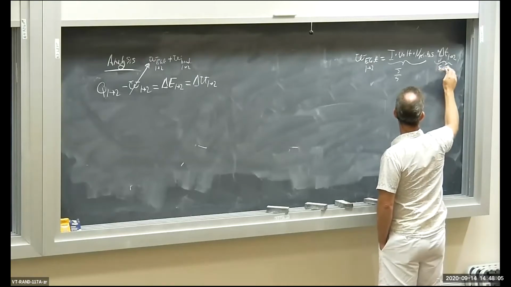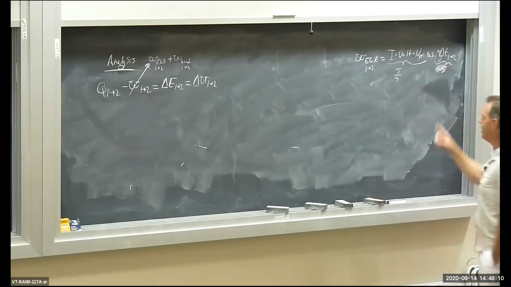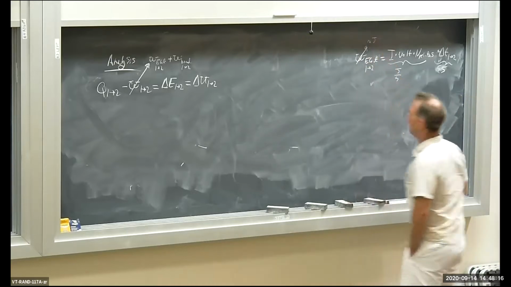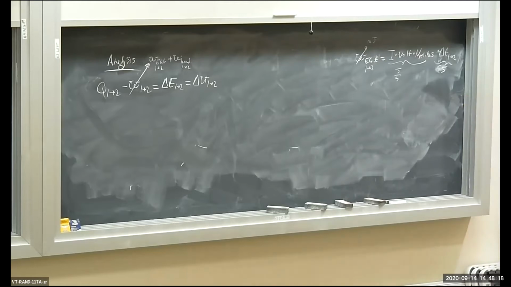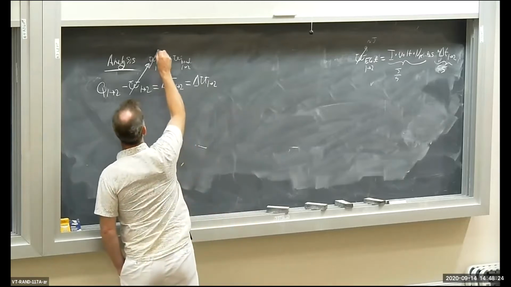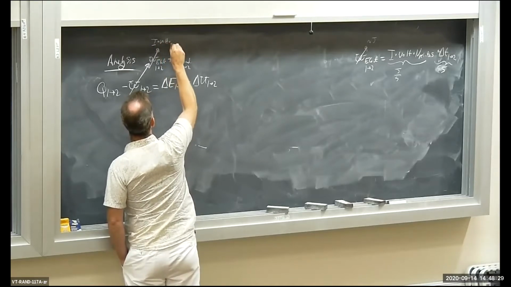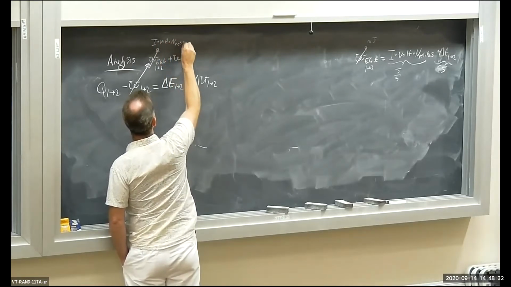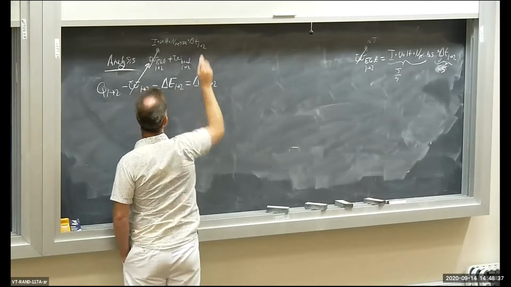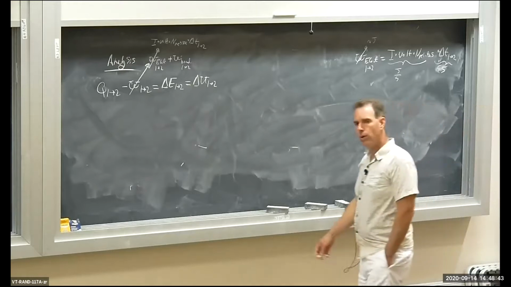So the seconds will cancel out, and this guy will have units of joules, or energy. A volt times an amp is a joule per second, or a watt. So this is I, voltage, N resistors, times delta T1,2. Okay, so that's the W electric term. What about the boundary work term?